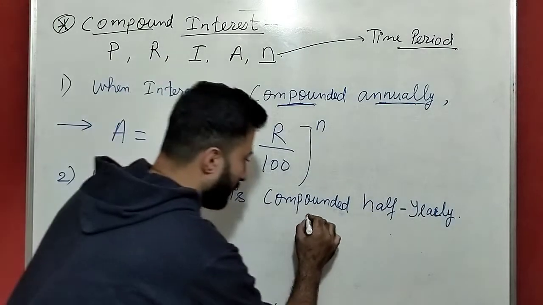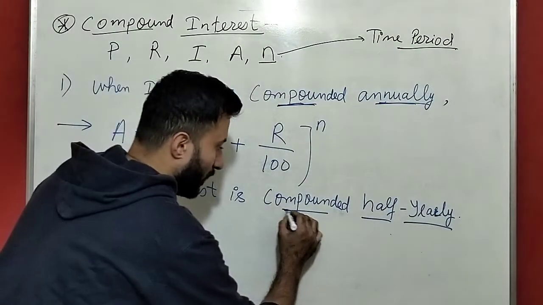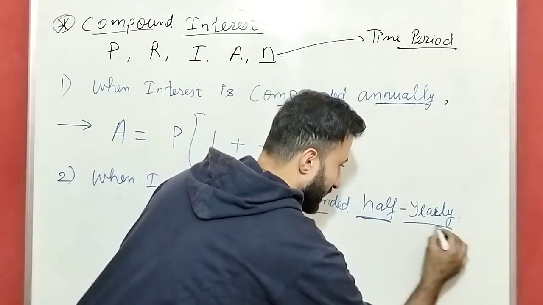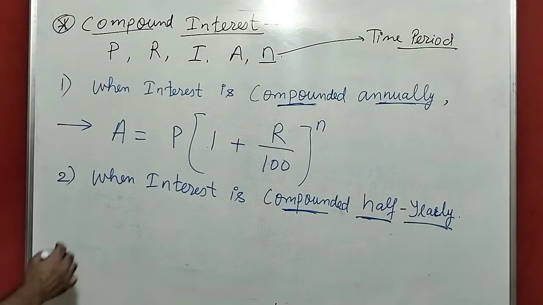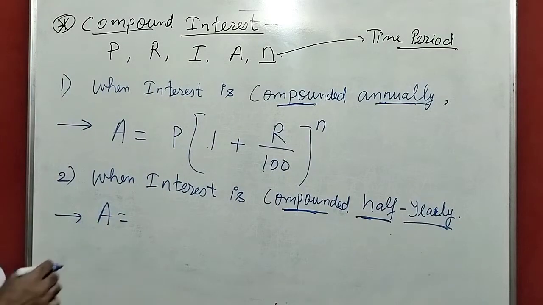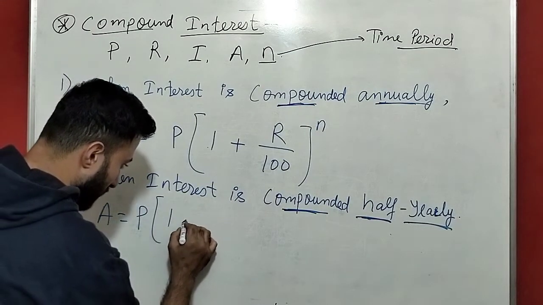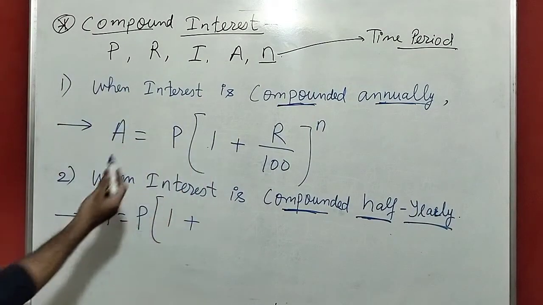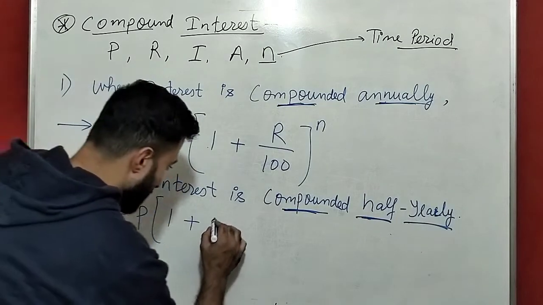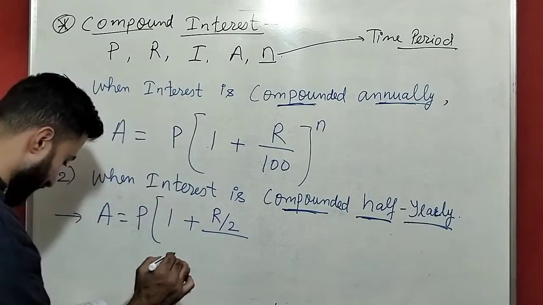When interest is compounded half yearly, then amount equals principal P into 1 plus, see this is separate, r by 2 divided by 100.